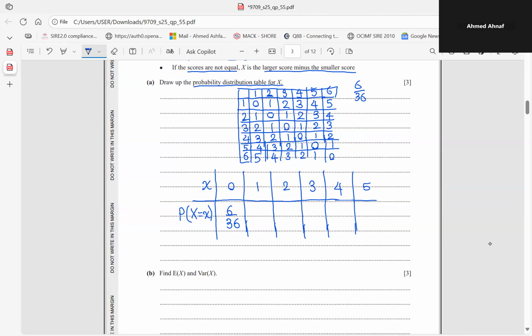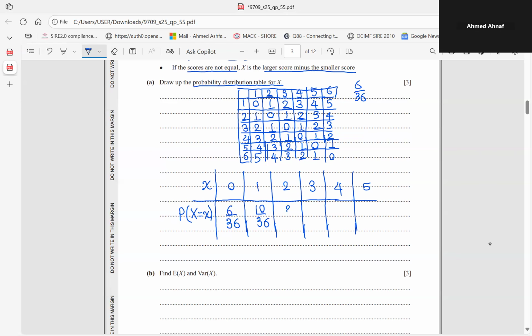Now for X equals 1, let's count the number of ones. There's 1, 2, 3, 4, 5, 6, 7, 8, 9, 10. So that's 10 out of 36. And for 2, there's 1, 2, 3, 4, 5, 6, 7, 8.